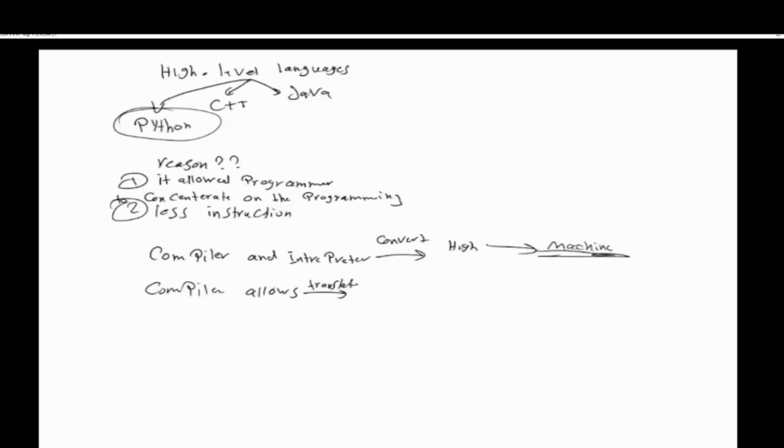So as we said, the compiler translates the code into machine language, and then you save the code, and you can execute it later without the need for the compiler. So the way it works, you use the compiler, you translate, and then you don't need that compiler anymore, because it has already been translated to machine language. So no need for the compiler.